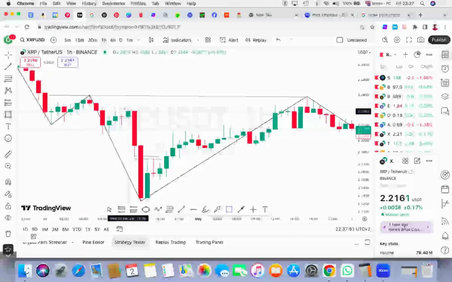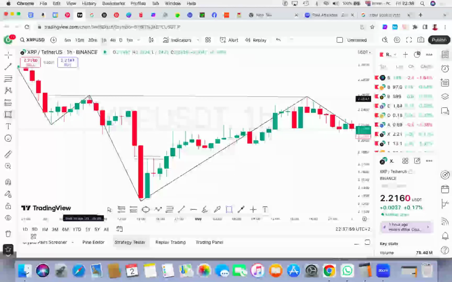We had the last buy candle that pushed market down. That's where your order block is.